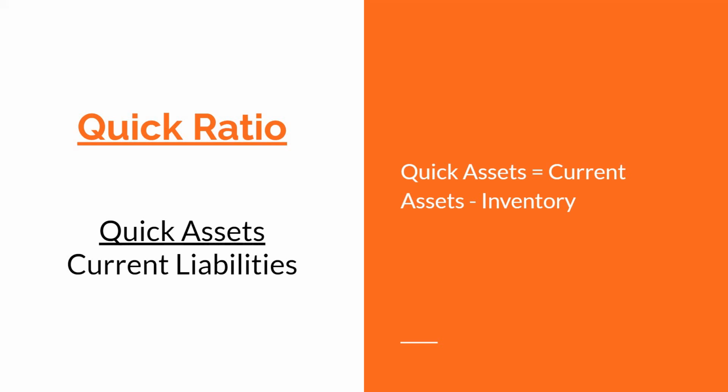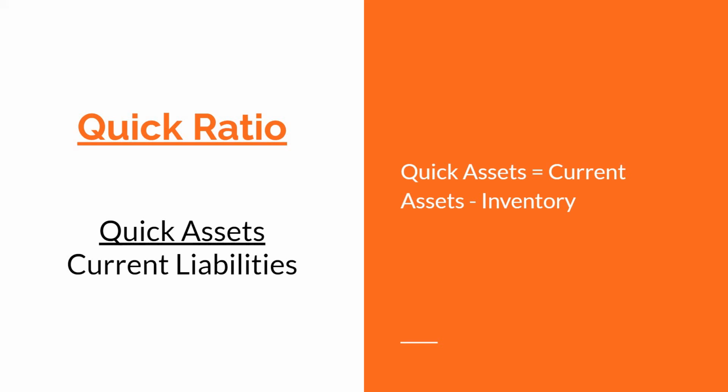So we reduce the inventory part and calculate current assets without inventory, and then compare it with current liabilities. Because if we have to pay immediately without selling any inventory, it may take some time, so we use quick assets divided by current liabilities.